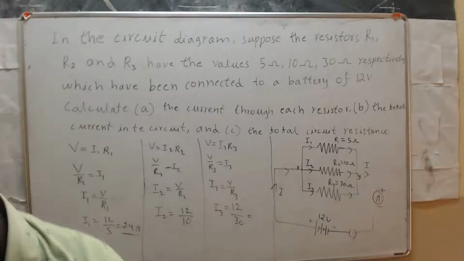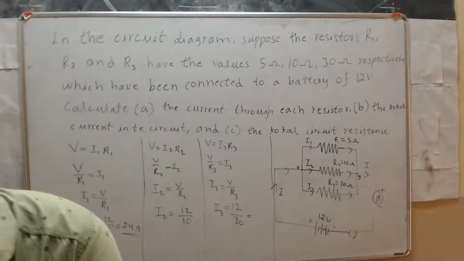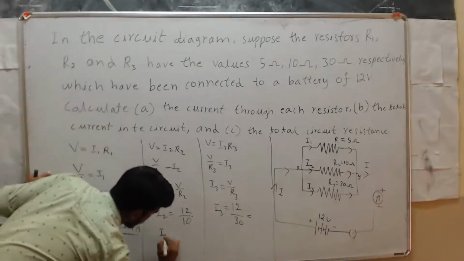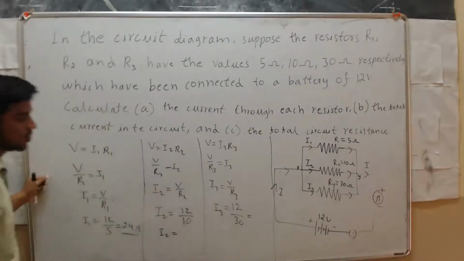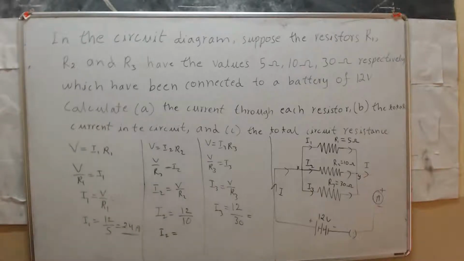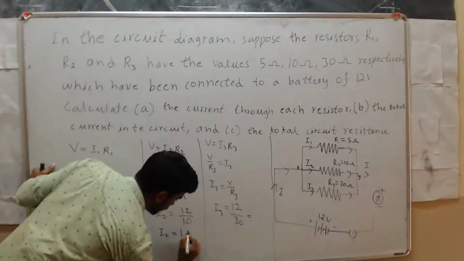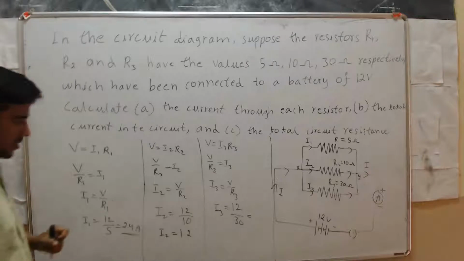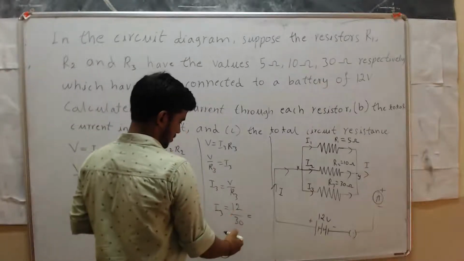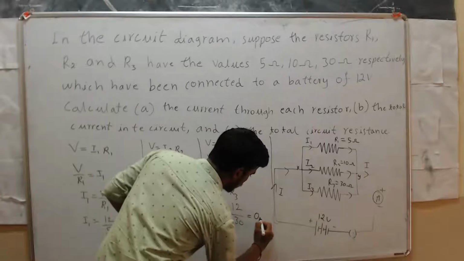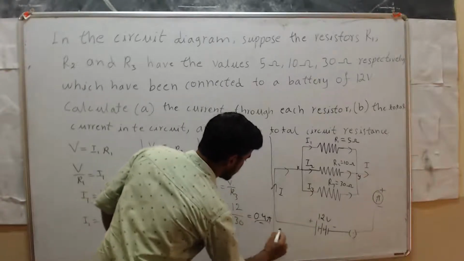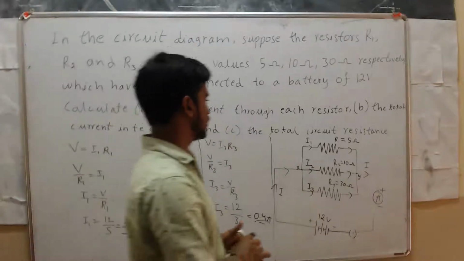Then I2 is equal to 12 by 10, that is 1.2. Next, I3 is 0.4 ampere.